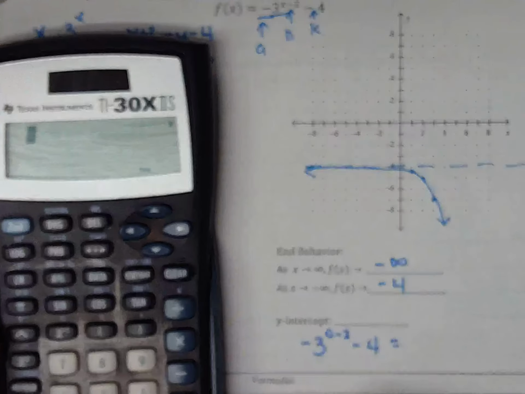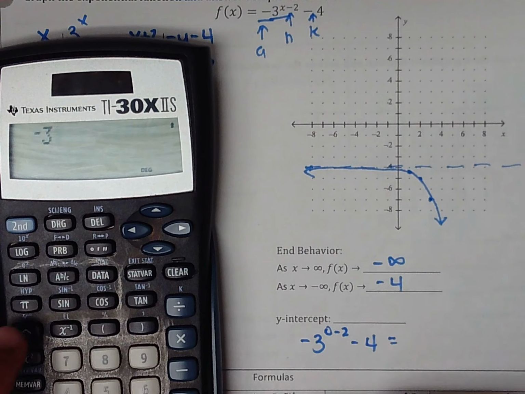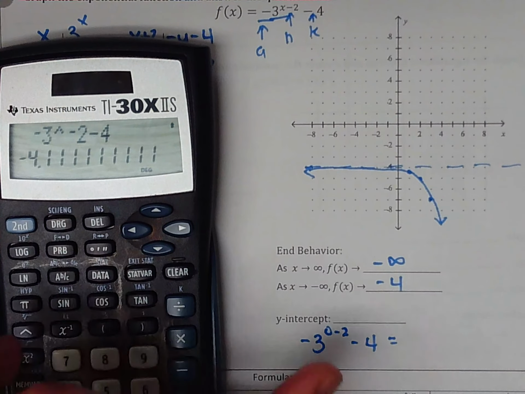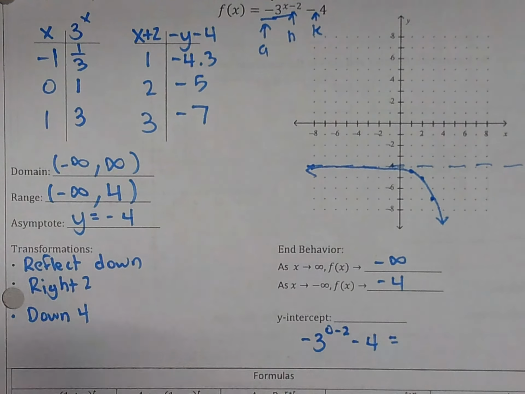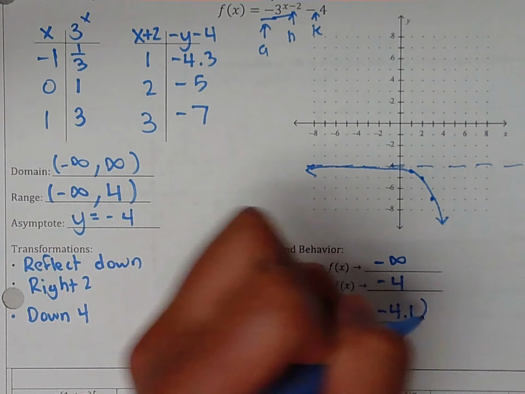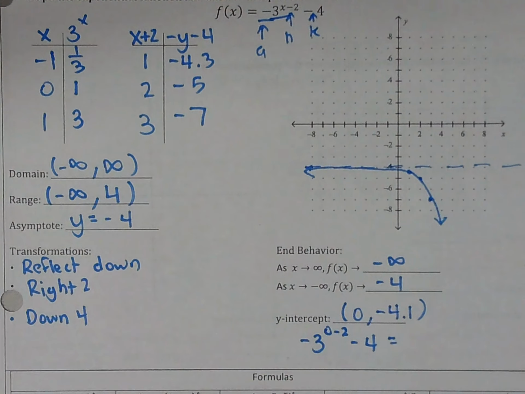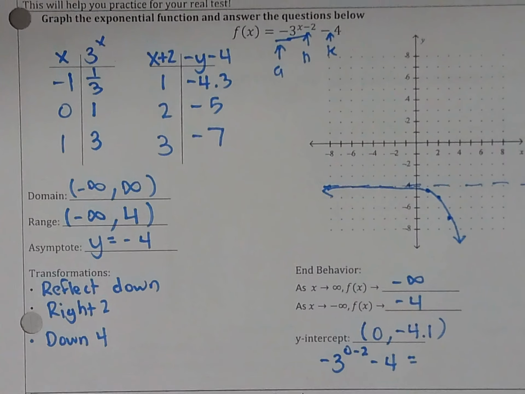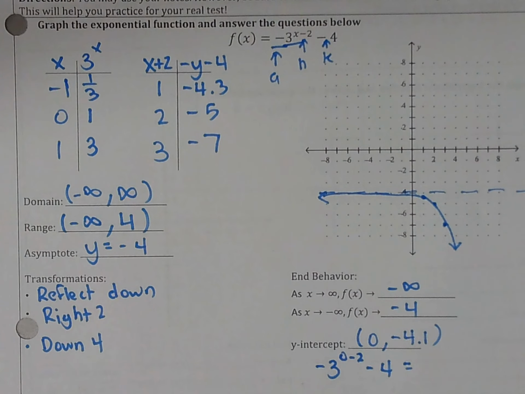Let's see, -3 raised to the 0 minus 2, and then minus 4 gives us an answer of -4.1. So our y-intercept is 0, -4.1. All right, and that is how we do that exponential function problem.